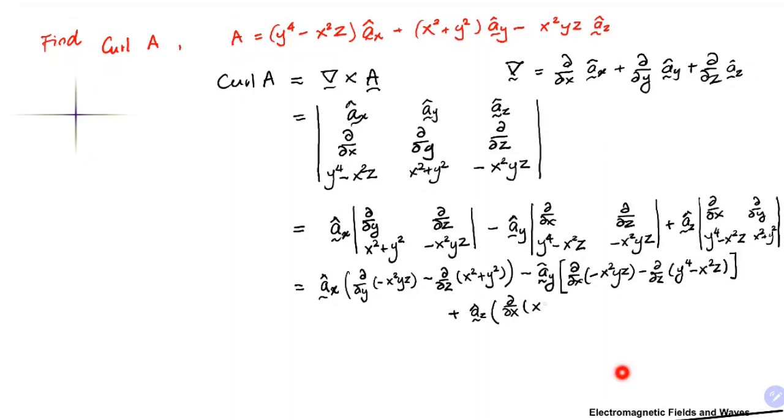Okay, that will be del over del x of x squared plus y squared, minus del over del y of y to the 4 minus x squared z.